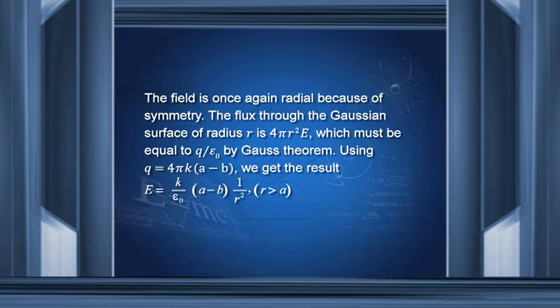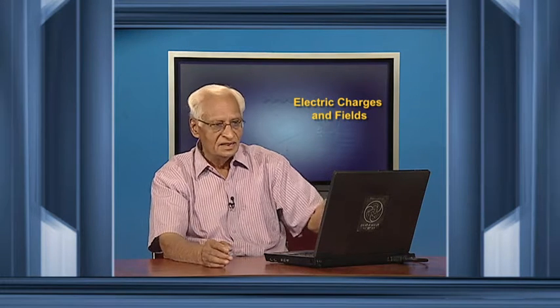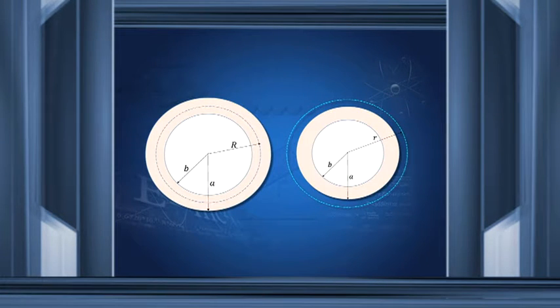Therefore, E is k by epsilon 0 times a minus b into 1 by r squared for points outside the shell. And once again the field varies as 1 by r squared. Why? Because for a point outside, the whole charge is concentrated at the center of the system.